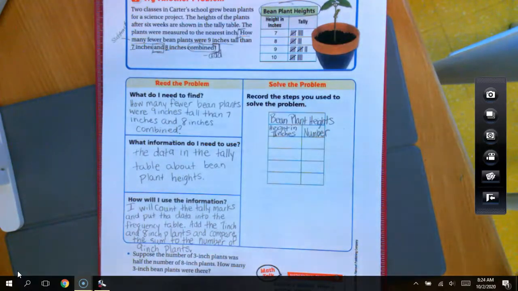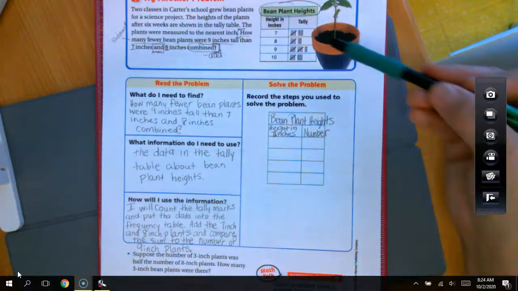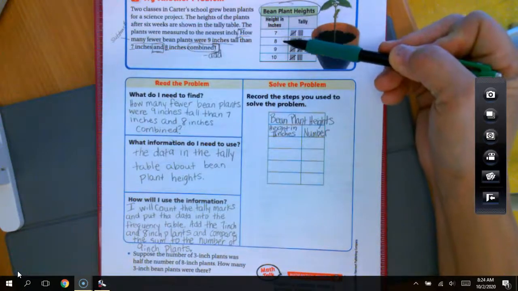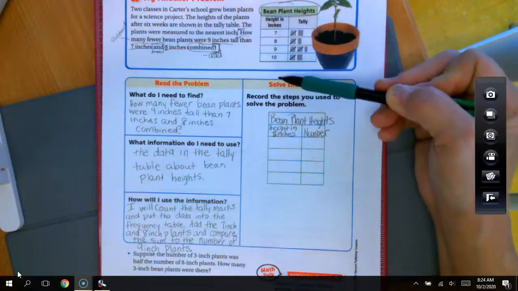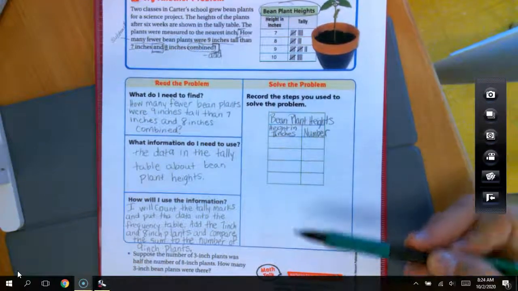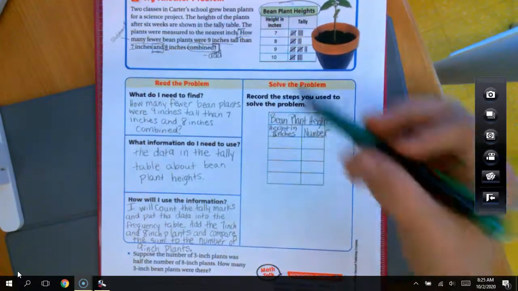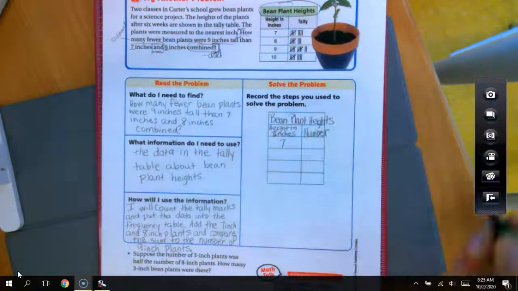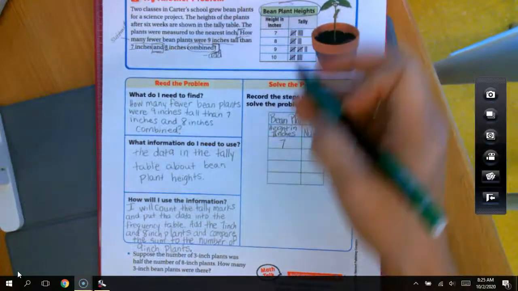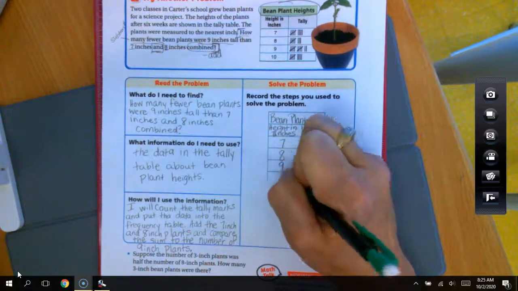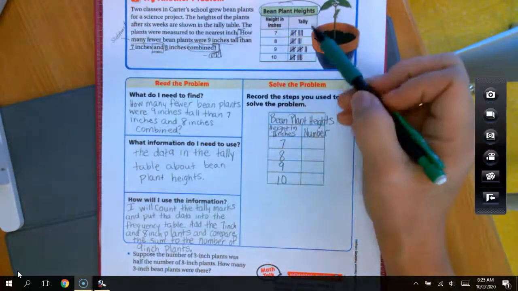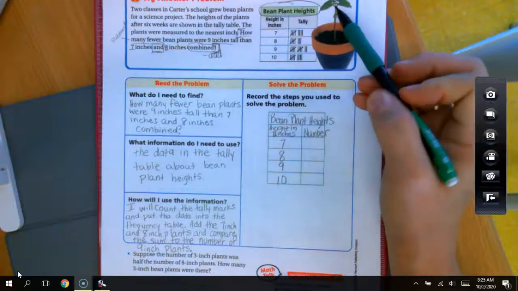Okay. So now make sure when you copy your information, you go in the same way that they did. You don't want to mix these numbers up because that will just confuse you. So if it has 7 in height here, I'm going to write that in my first box. I have 8, then 9, then 10. Now I need to go over to my tally table and count my tallies.